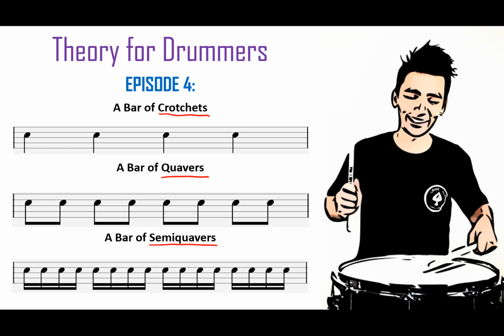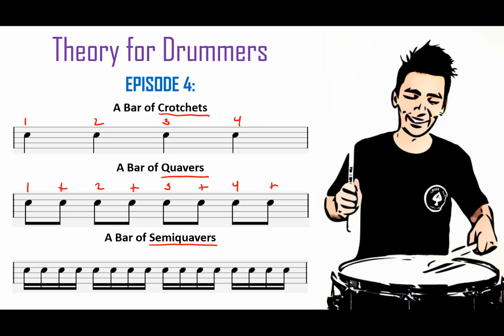If you have a look at the crotchets, you've got 1, 2, 3, 4 counting because each crotchet exists at the start of each beat. If you have a look at a bar of quavers, you still have the 1, 2, 3, 4 counting because you have the notes that exist at the start of the beat, but you also have the ands, which are the notes that start halfway through each beat.